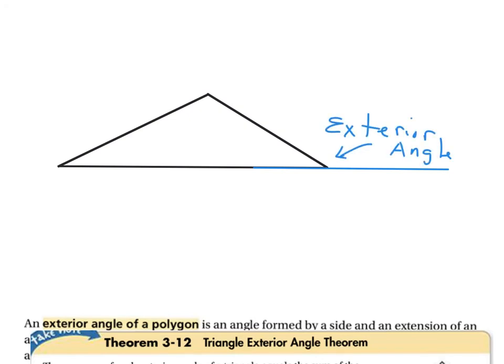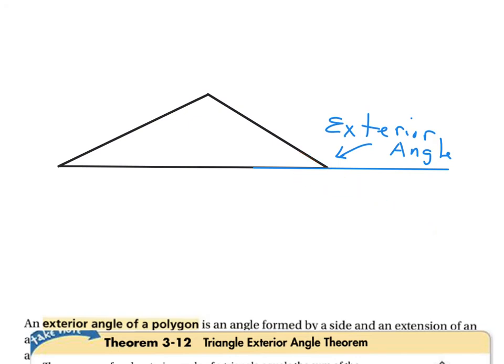Now notice, if we had instead extended the other leg of this angle, then we would have gotten this angle as an exterior angle. But if we extend both of them, these two angles out here and here are vertical angles, so they're going to have the same measurement. So when we talk about exterior angles, we only extend one side and know that both exterior angles are going to be the same measure.